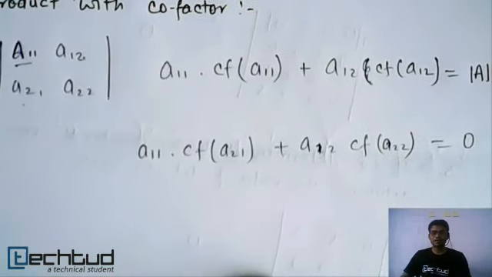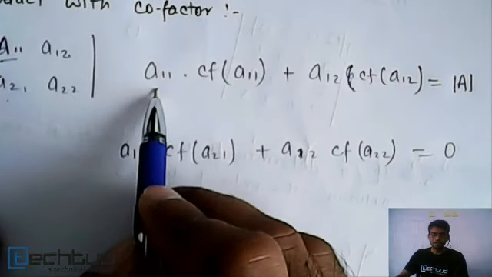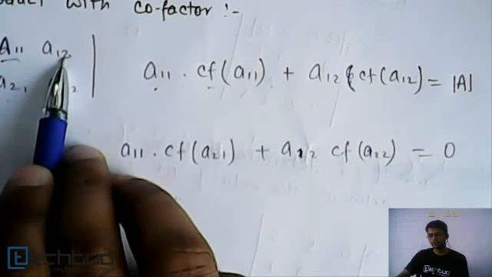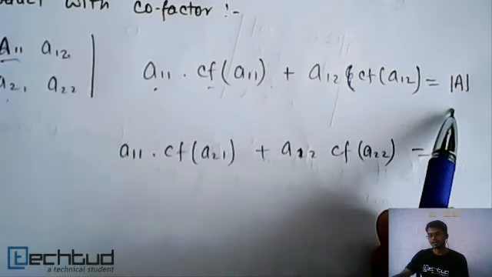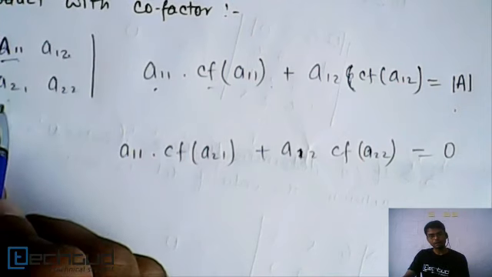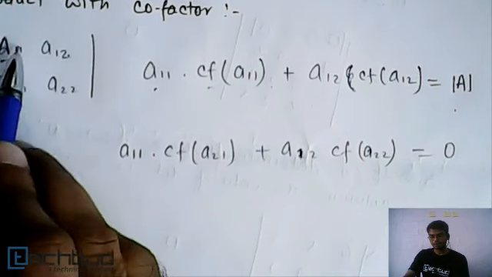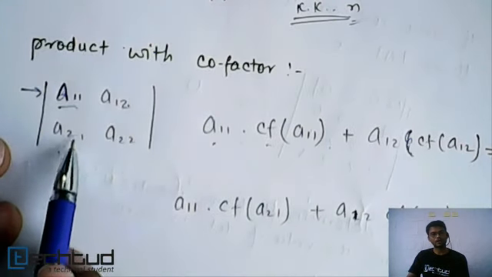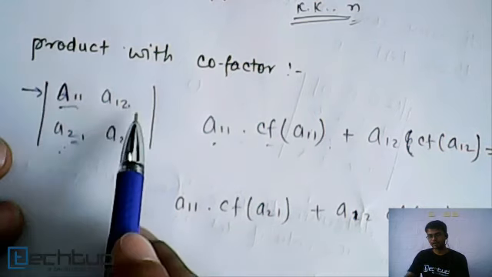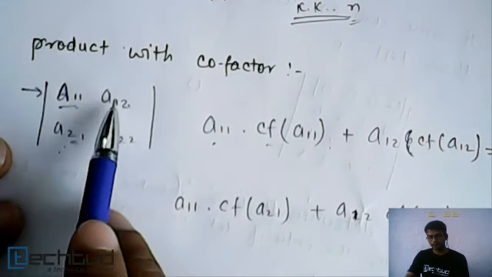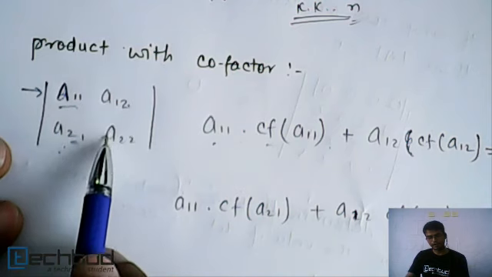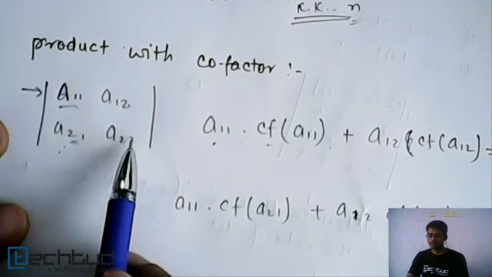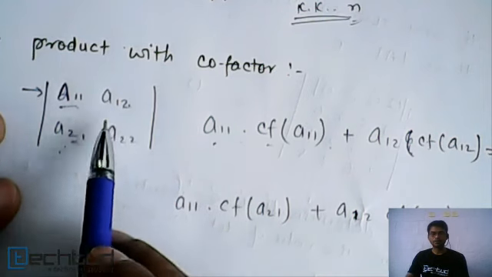What I'm saying is, the sum of multiplication of each element of a row with its own cofactor will give the value of the determinant, but with the other row's cofactors, the value will come out to be 0.